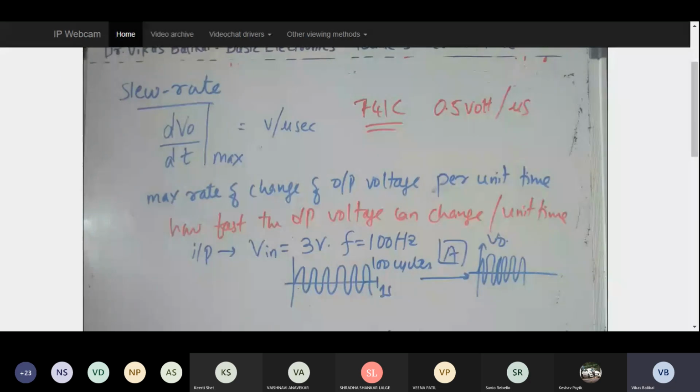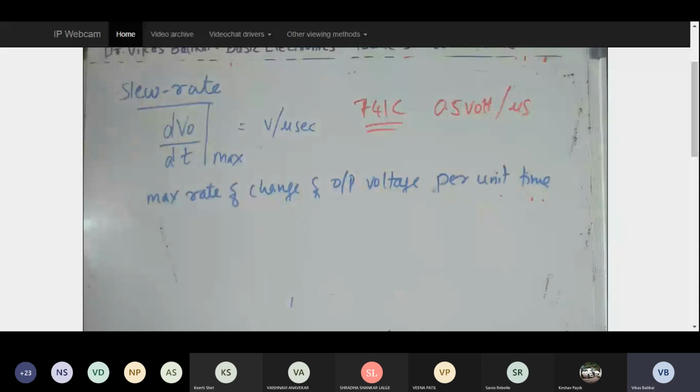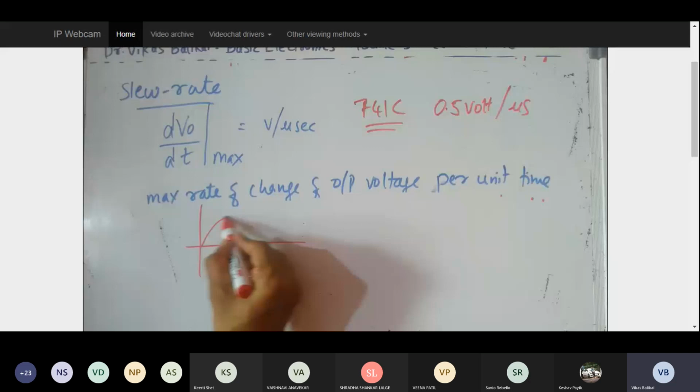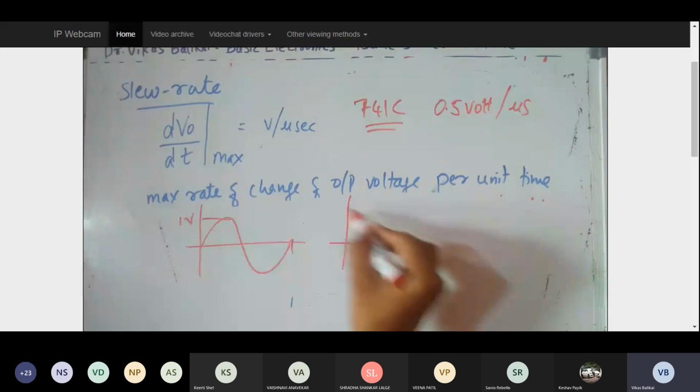So here, for every 0.5 volt of the input signal, let's say this is 1 volt and this is my output. For the output to reach 1 volt, it has to rise slowly.